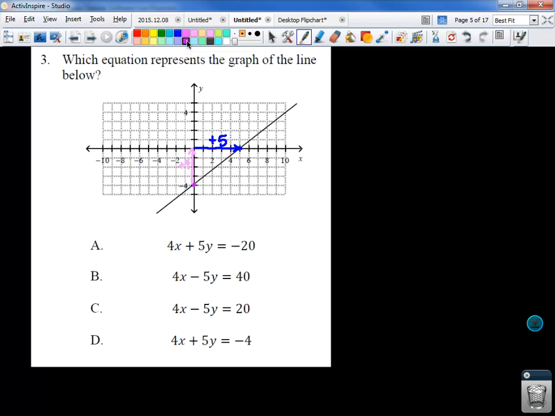So our slope should be +4/5, and our y-intercept is -4. So I have y equals 4/5 x minus 4.